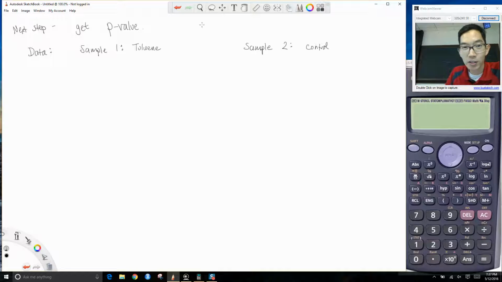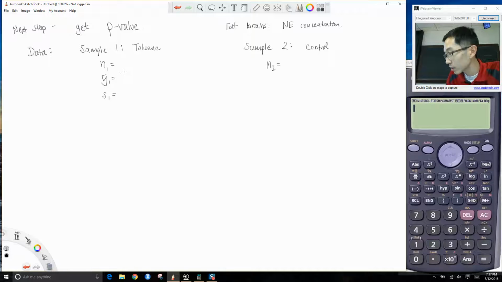We're measuring norepinephrine concentration, some kind of chemical in the rat brain. All right, and so our sample 1 and sample 2 have this data.